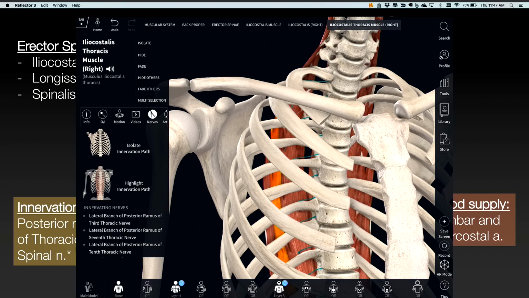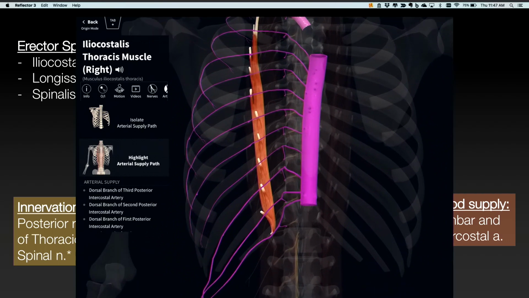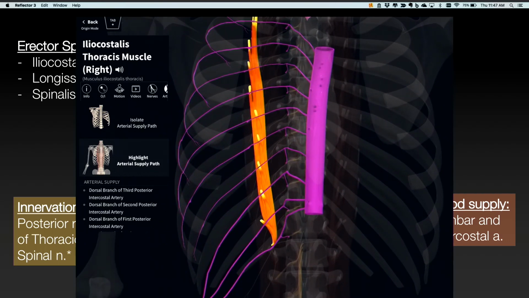What about arterial supply? This is a really nice diagram, and the reason that I introduced the costal grooves is for this purpose. These are the intercostal arteries. They travel with intercostal veins, and surprisingly, intercostal nerves.